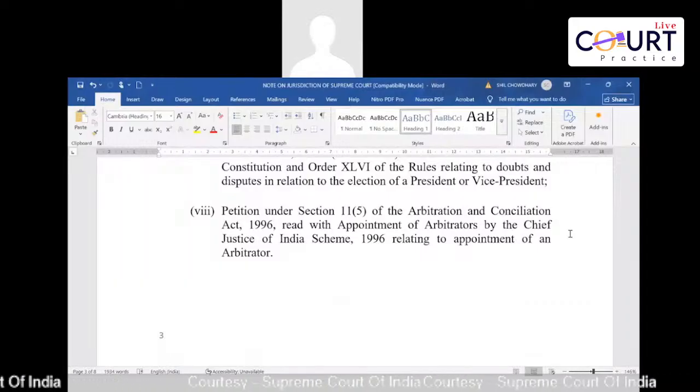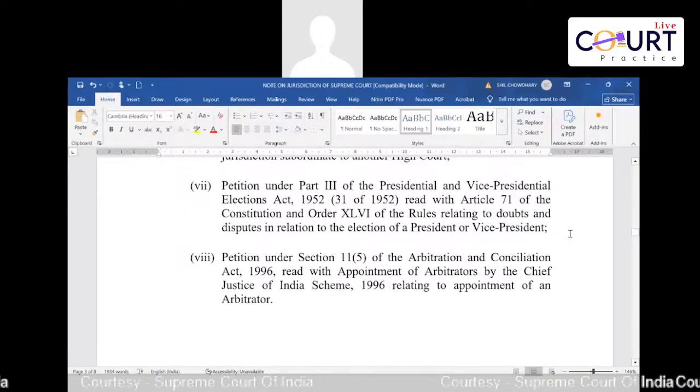Now, in an international commercial arbitration, the original jurisdiction is with the Supreme Court. If it is not an international commercial arbitration, then we have to go to the High Court for appointment of an arbitrator. So the original jurisdiction for international commercial arbitration is under Section 11(5) of the Arbitration and Conciliation Act.